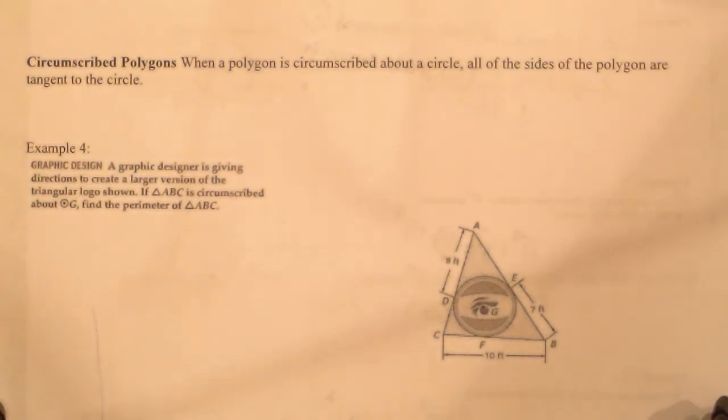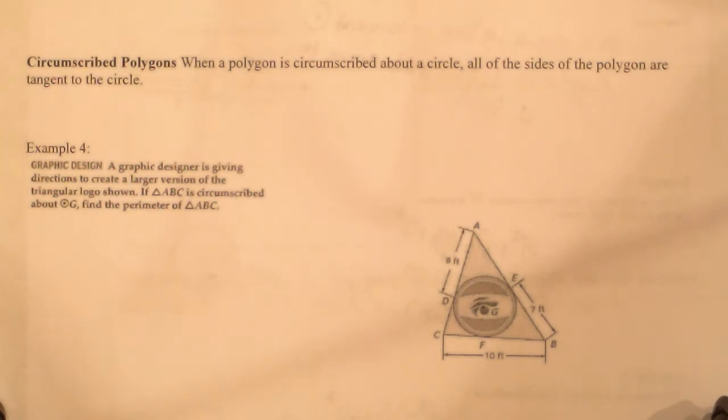We're talking about circumscribed, so it's from out or in. When a polygon is circumscribed about a circle, all the sides of the polygon are tangent to the circle. So all that means is that it touches it at a point, that point of tangency. So all those lines are tangent to the circle.